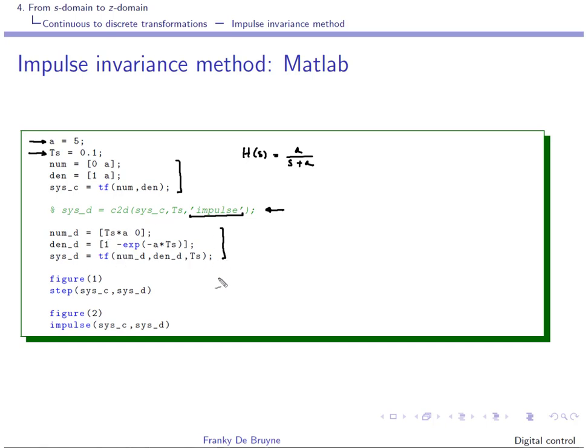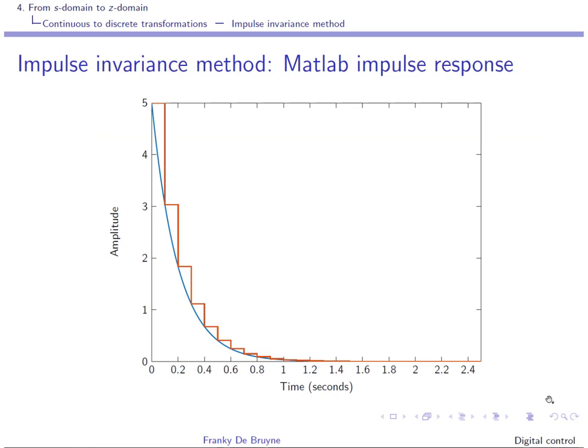We will check our results. Those are the results that we have found previously, and then we compare the continuous time and discrete time step responses and impulse responses. We know that by definition the impulse responses should match at the sample instances, and we see that this is indeed the case. In blue you see the continuous time impulse response, and here the impulse response associated to this impulse invariant discrete time description of the system.